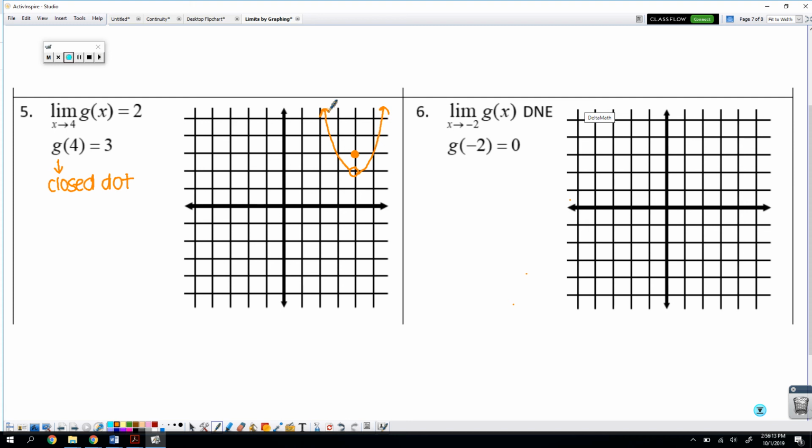Okay, now we're going to do the same sort of thing for 6, except it asks you to make sure that it does not exist. So remember, does not exist means on the left side of this value and the right side of this value, you're not going to the same place. So it says g of -2 is 0. So we have to make sure that this limit does not exist.